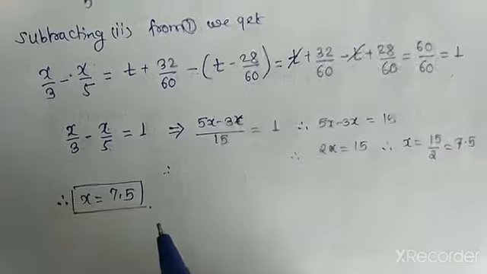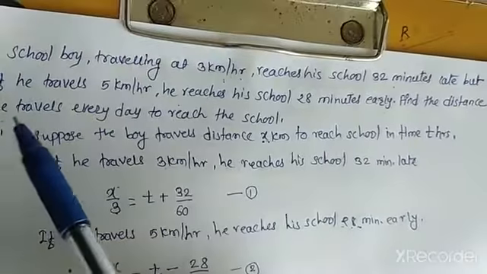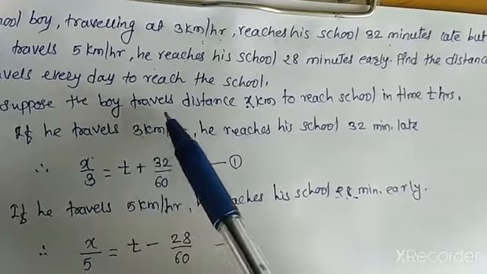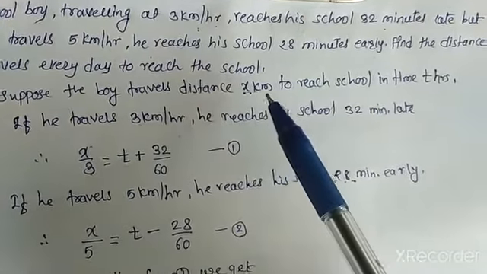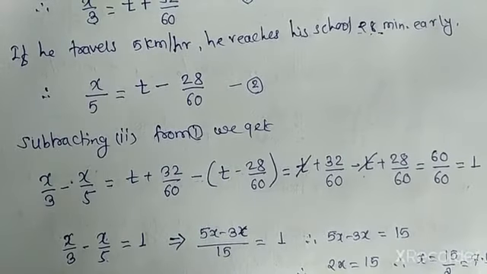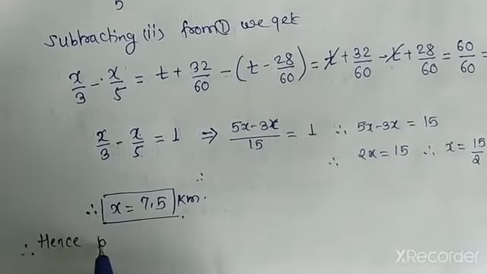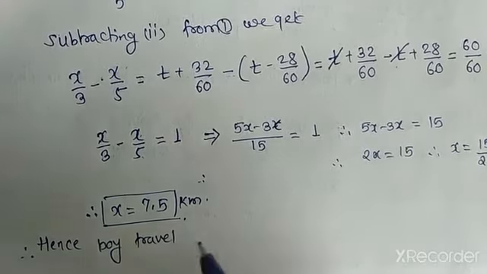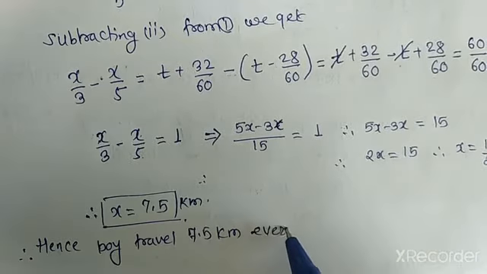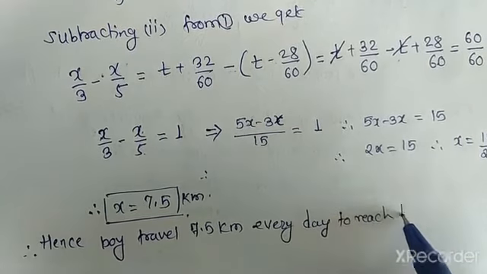So in the question we are asked to find the distance the boy has to travel every day to reach the school, and we have considered the boy's travel distance as x kilometers, so x is 7.5 kilometers. Therefore the boy travels 7.5 kilometers every day to reach his school.